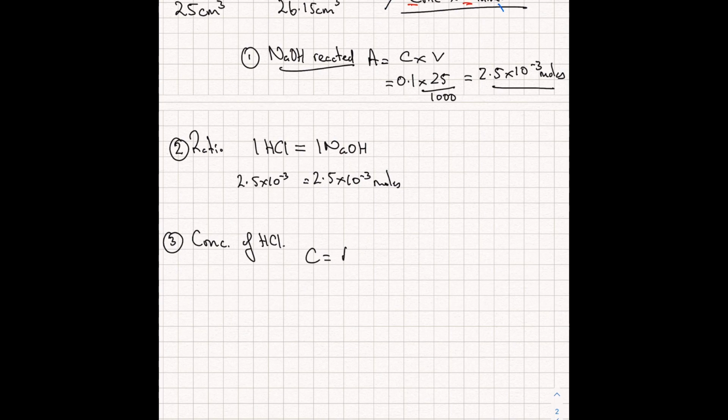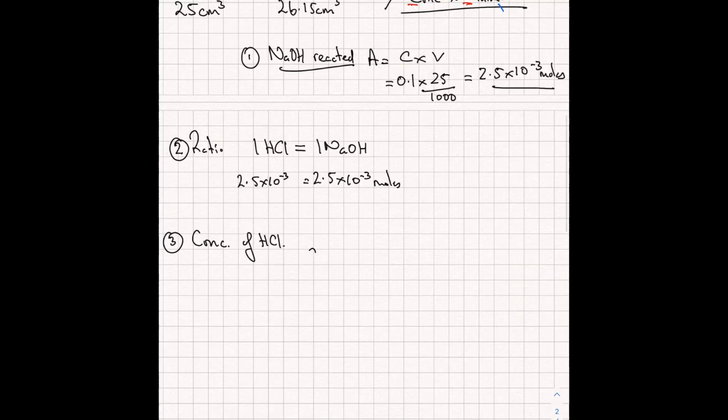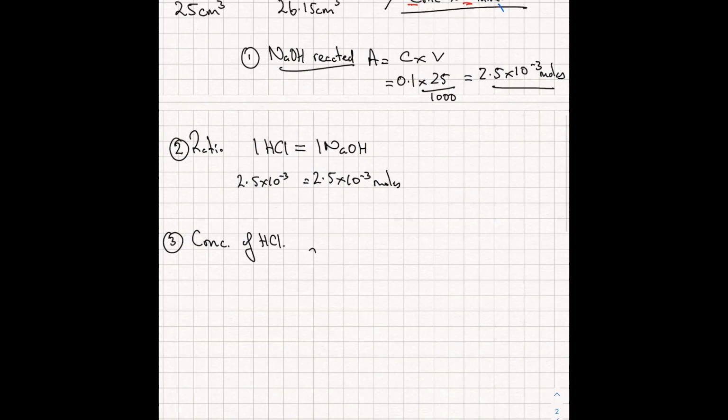Concentration is amount divided by volume. The amount this time is 2.62 times 10 to the power minus 3 divided by the volume, which is 25. Remember, divide by 1,000. Putting that into my calculator, I'm getting 0.104. In fact, make that 5 because we round up. Moles per decimeter cubed.